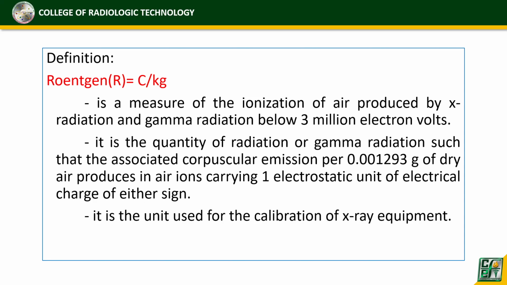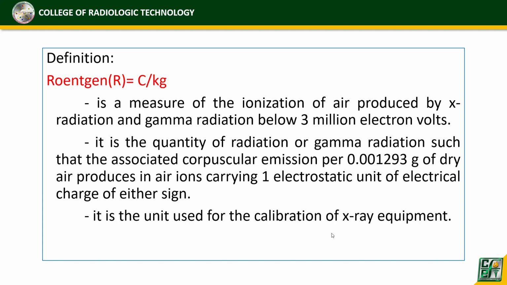So this unit, Röntgen and coulomb per kilogram, is the unit used also for the calibration of X-ray equipment. So bakit ito yung unit na ginagamit for the calibration of X-ray equipment? When we calibrate the X-ray machine, ang sinusukat dyan is how much ionization is produced.